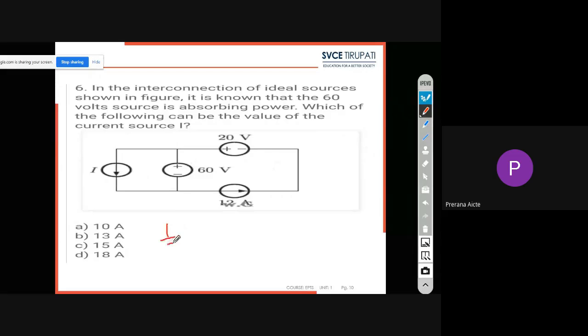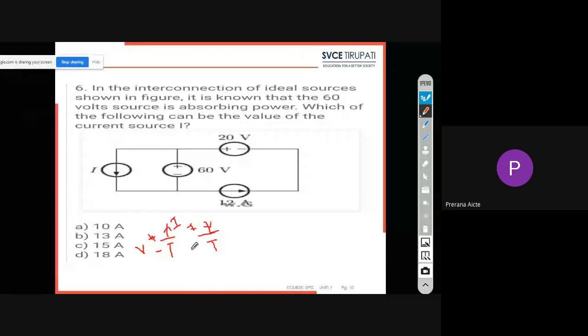Suppose we have a voltage source delivering power. What is the direction of the current? Is current leaving from the positive or entering into the positive? When delivering, current is leaving from the positive. Suppose the source is absorbing power. It is clearly mentioned that the 60 volt source is absorbing the power. Absorbing power means current is entering into the positive.